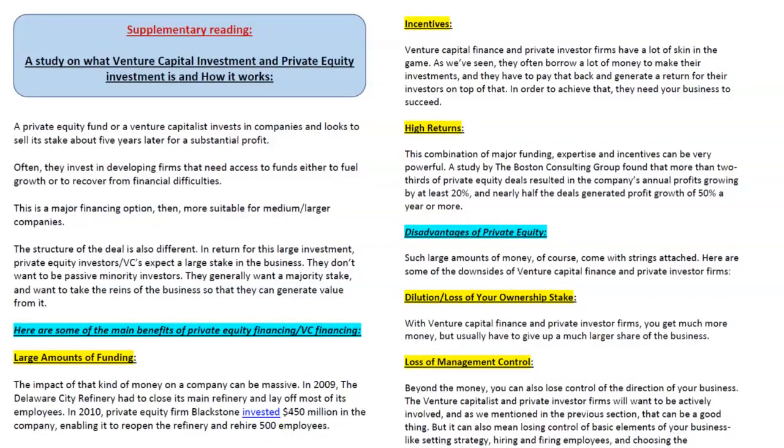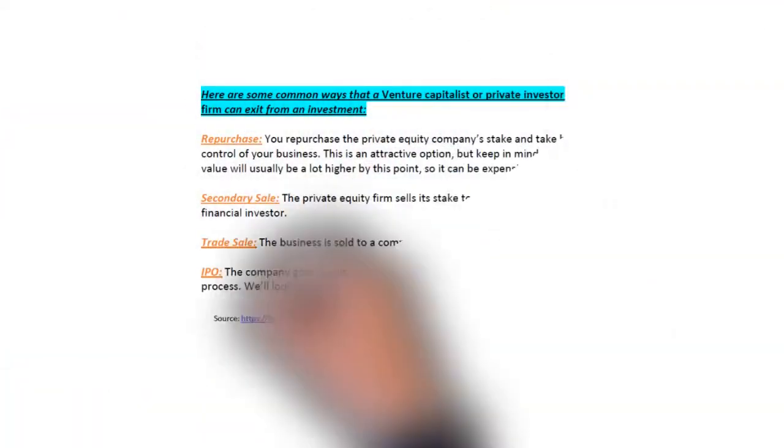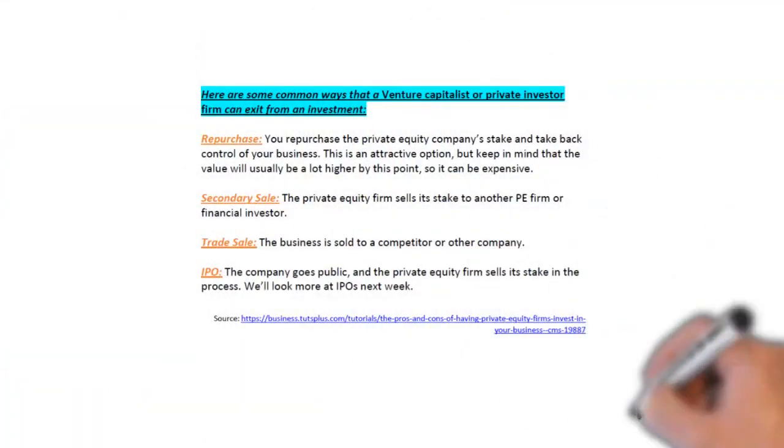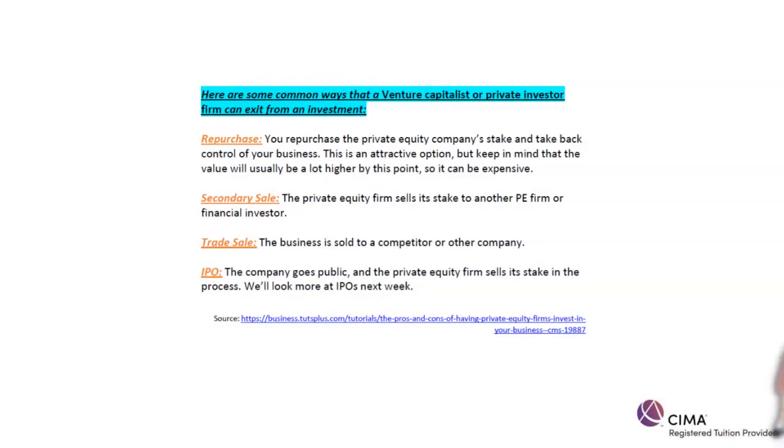So, how will these investors get their return, or how will they exit from the investment? First could be a repurchase, which means you as a company or some of the directors pool their resources together and purchase the stake of the private equity company or the venture capitalists. This is a good option, but it requires lots of money, so it can be expensive.